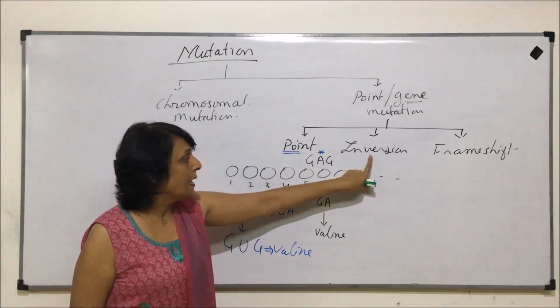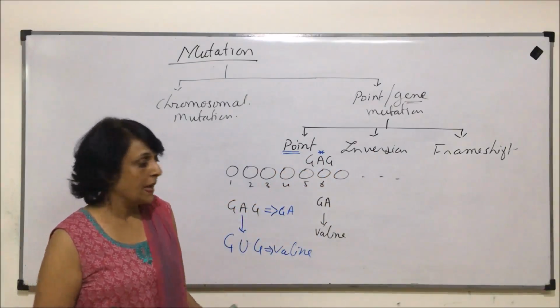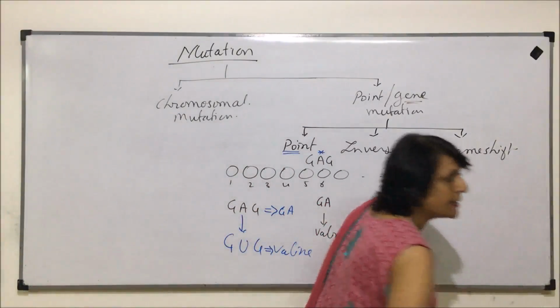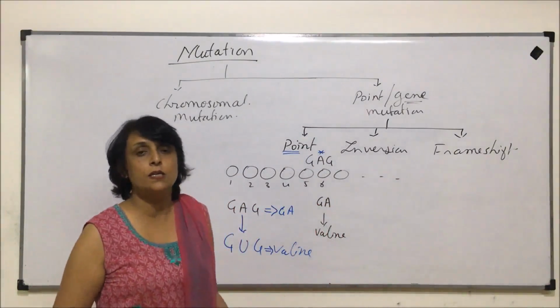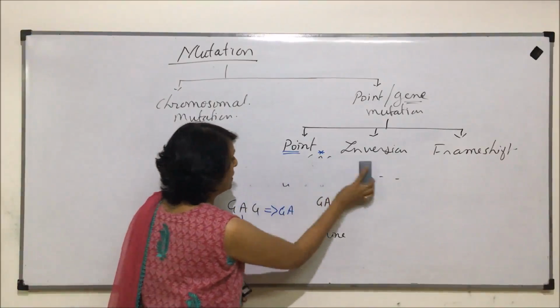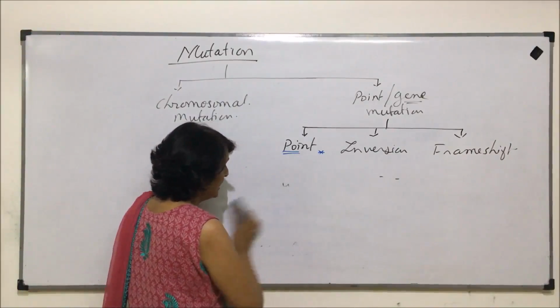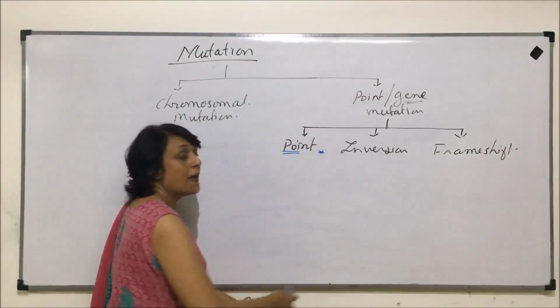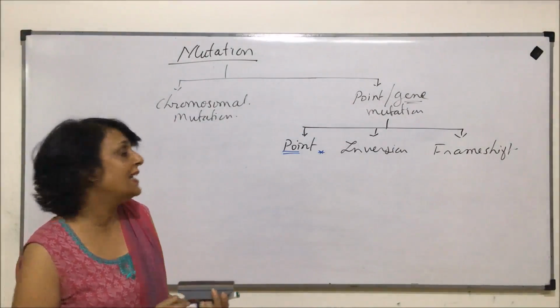In case of inversion, the two bases, or maybe just three bases of the entire code, get flipped by 180 degrees.